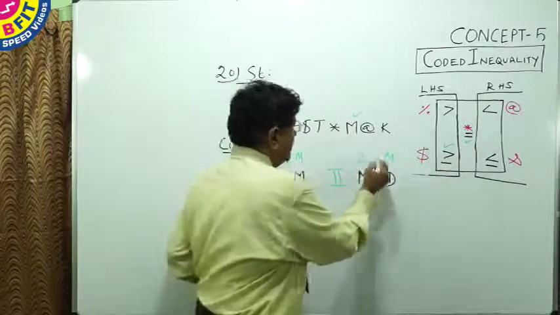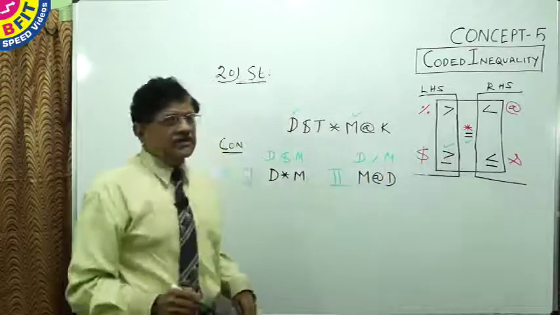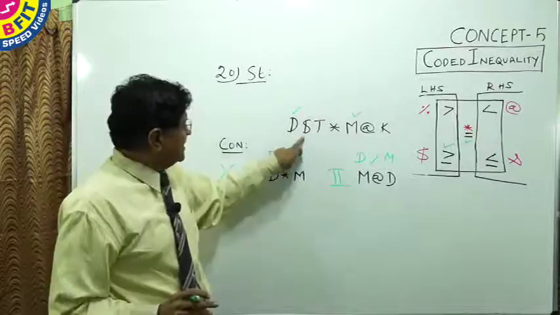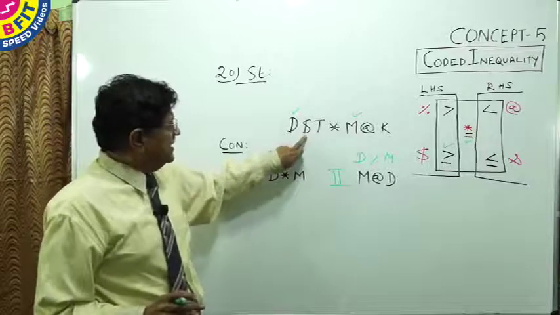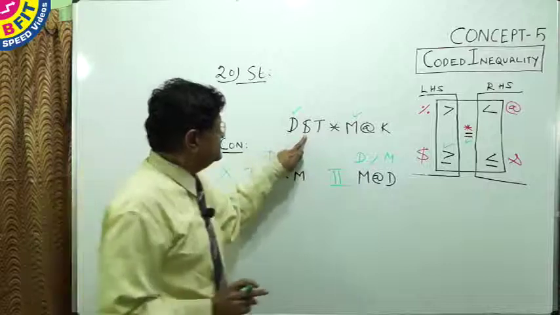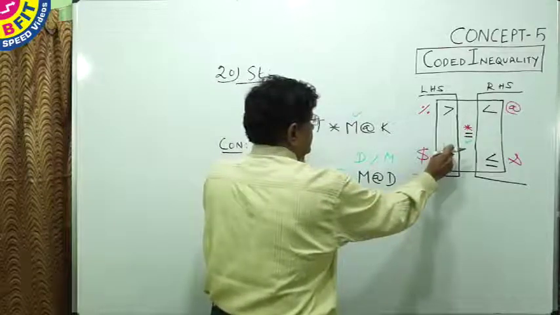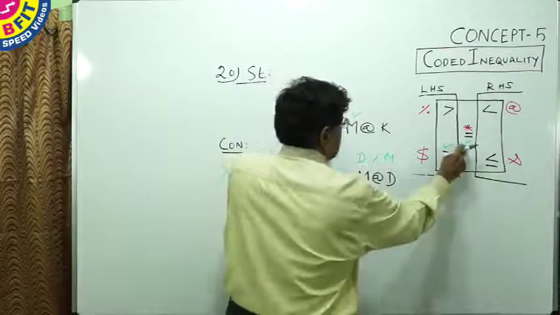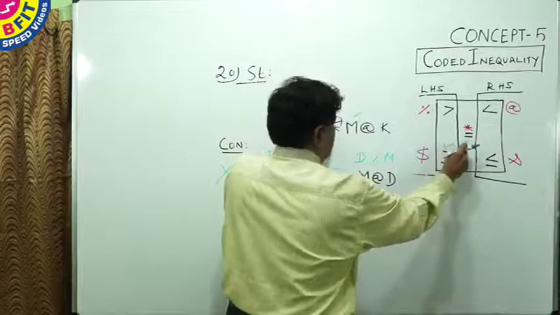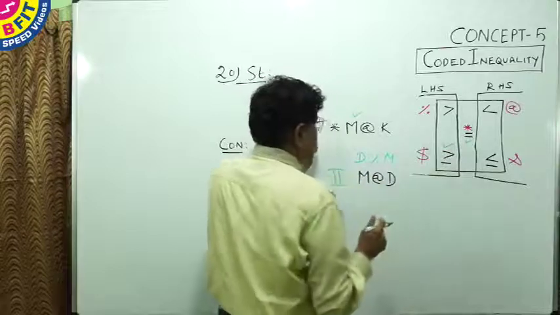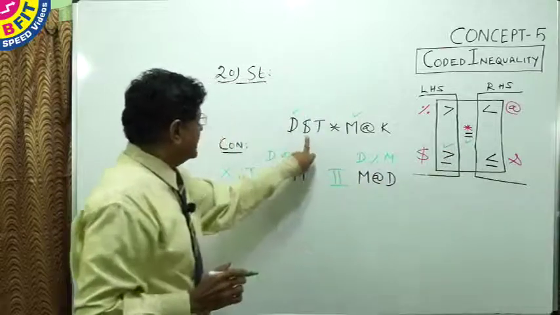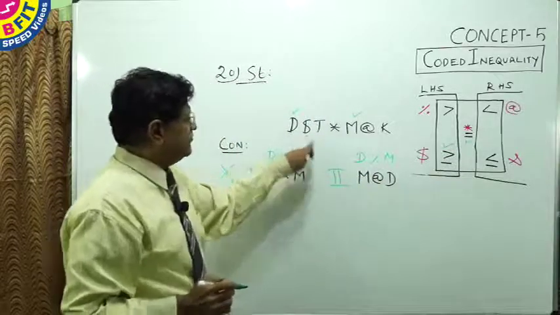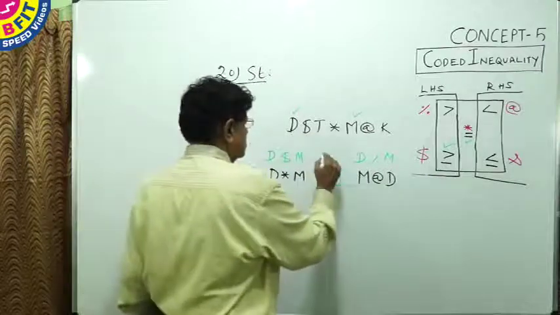We have to verify whether D percentage M is true or not. What are the symbols here? Only these 2 symbols are here, dollar and star. Therefore, the conclusion D $ M is correct, and therefore this conclusion is also wrong.